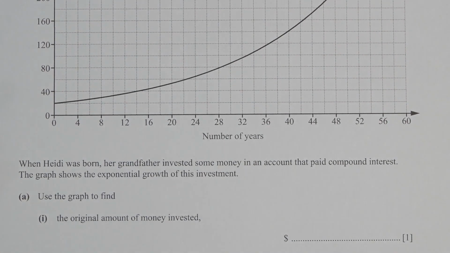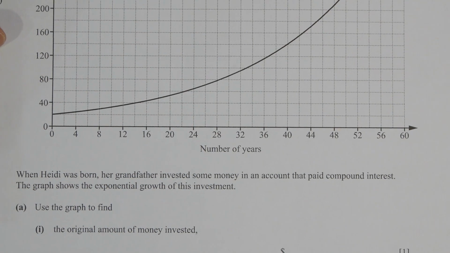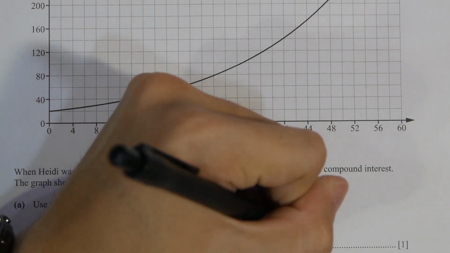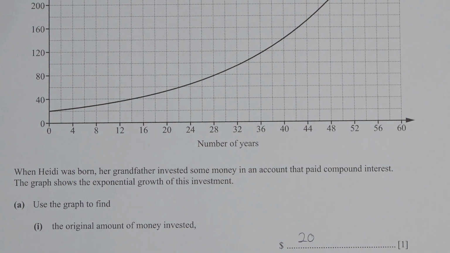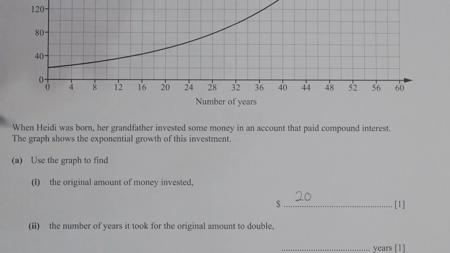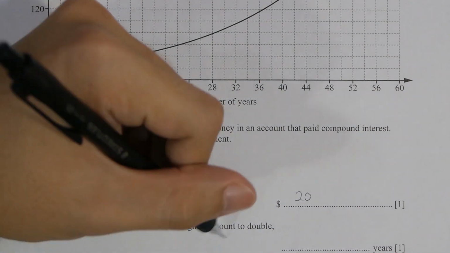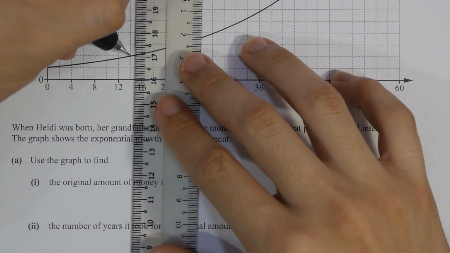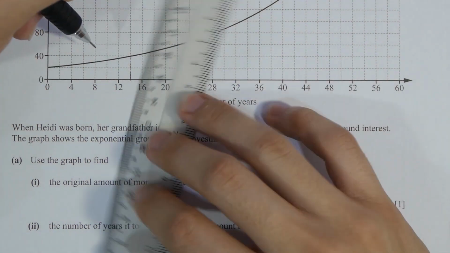So for question 21A, the original amount invested. For this question, you need to identify where it started off, which is at the value of 20. Part 2, the keyword is double. So for your original amount to double, it's actually 40.